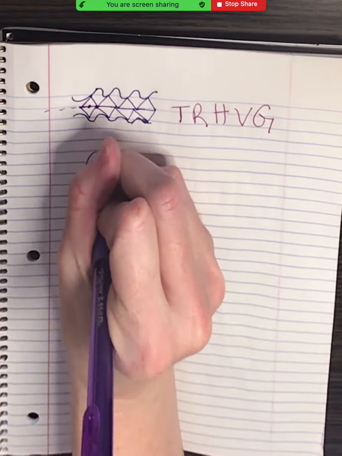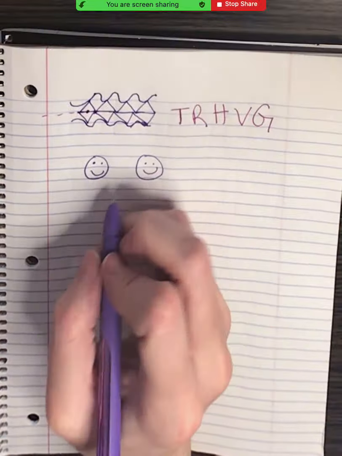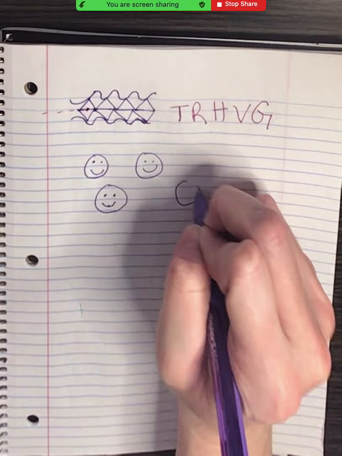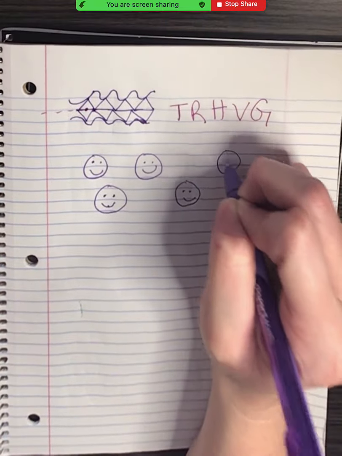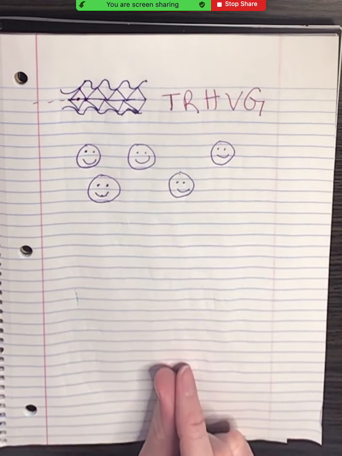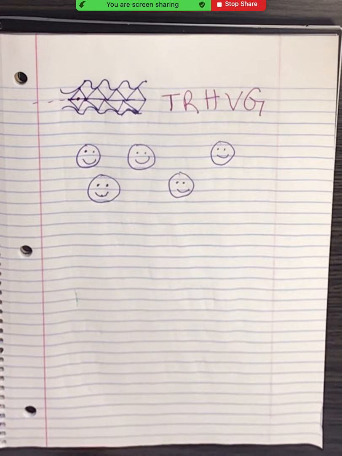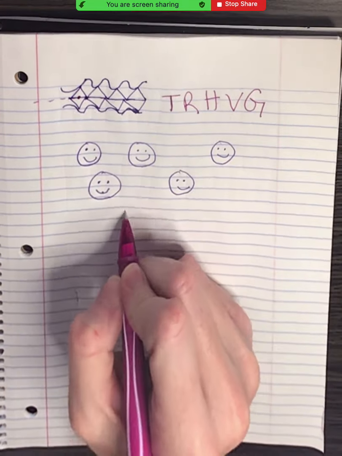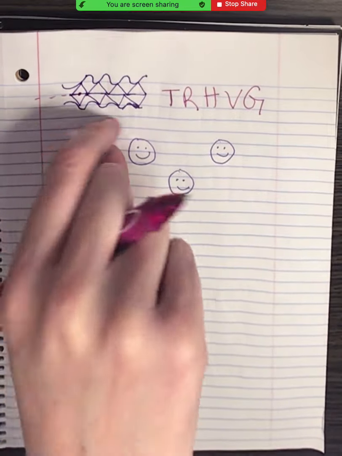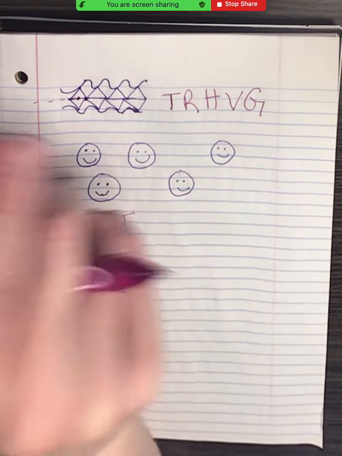All right, if I just have a pattern created by a bunch of smiley faces, okay, let's imagine they're all the same size, but I can't draw, so they look like they're different sizes. Okay, that's how it's created. Okay, first thing is there's a translation because there always is. Is there a rotation of 180 degrees that goes this way? I'd have an upside down frowny face. Okay, there is no rotation involved.